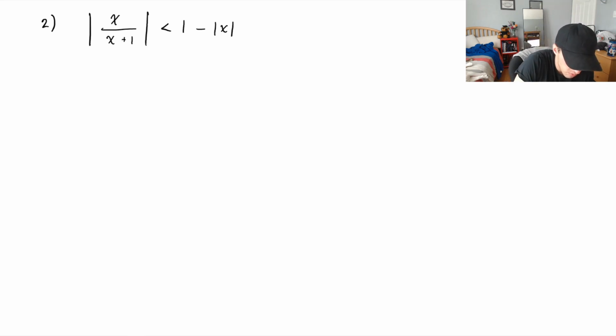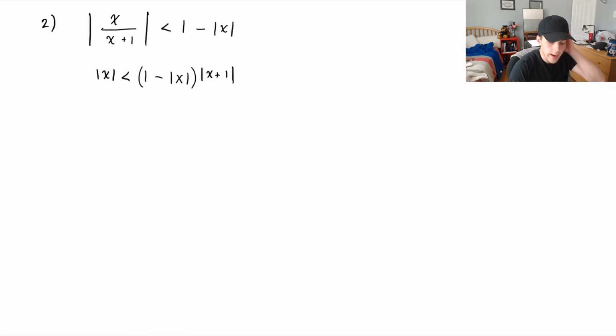So if we were to do that, we'd be left with absolute value of x is less than 1 minus absolute value of x. I'm going to put this in some parentheses. And it's multiplied by the absolute value of x plus 1. Now, I just want to draw attention to the sign here.